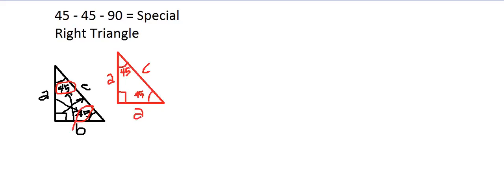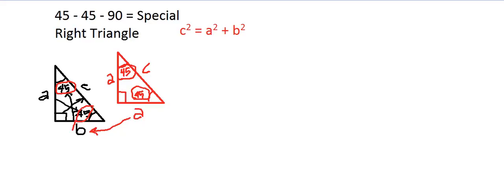Now, in our Pythagorean theorem, we've learned that C squared is equal to A squared plus B squared. Here, in our second triangle, our B becomes our A. Why? Because they are the sides which are opposite of the same measure of the angle.